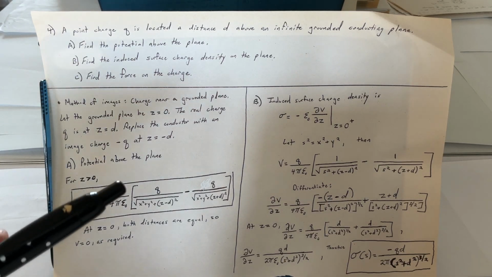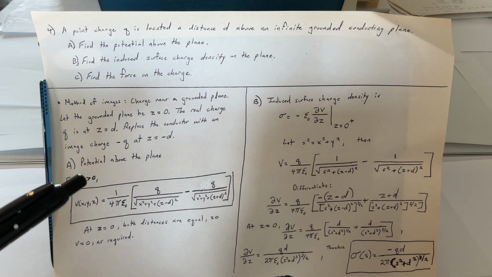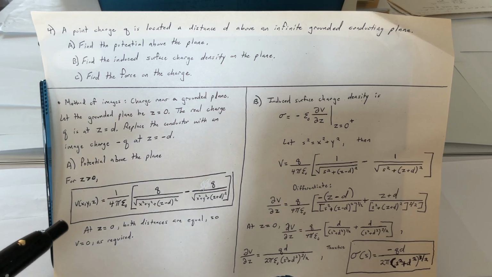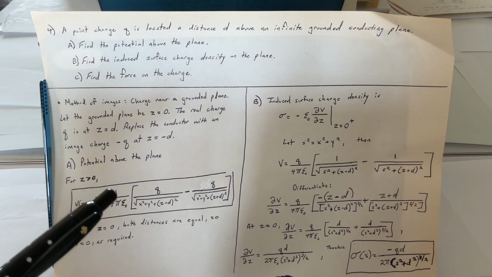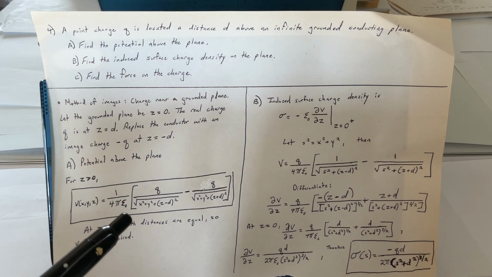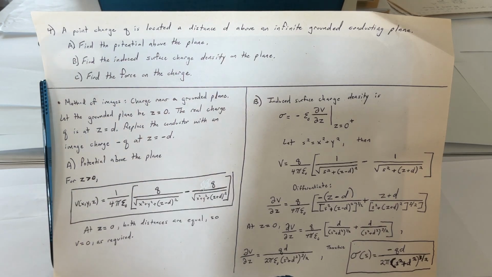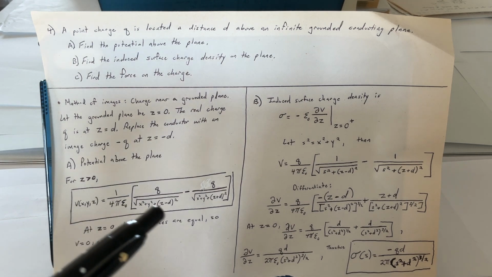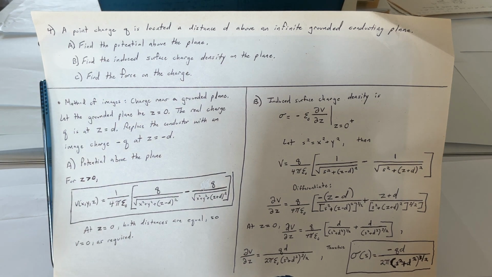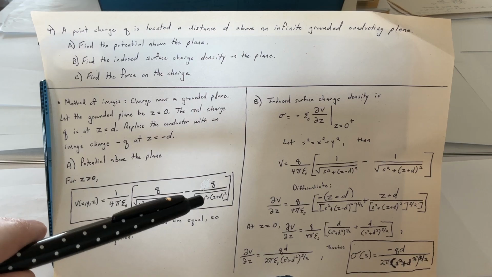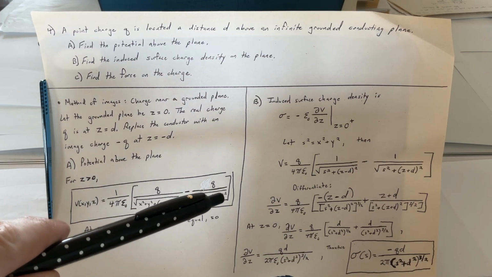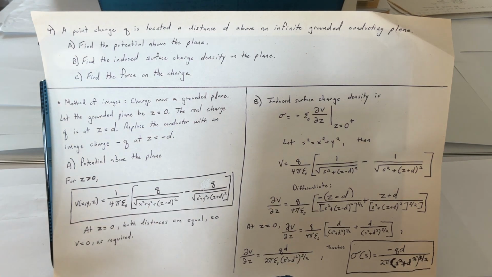The potential above the plane, for z greater than 0, for this multivariable function V of x, y, z, is going to be 1 over 4 pi epsilon naught times the quantity Q over the square root of x squared plus y squared plus (z minus d) squared, minus Q over the square root of x squared plus y squared plus (z plus d) squared.